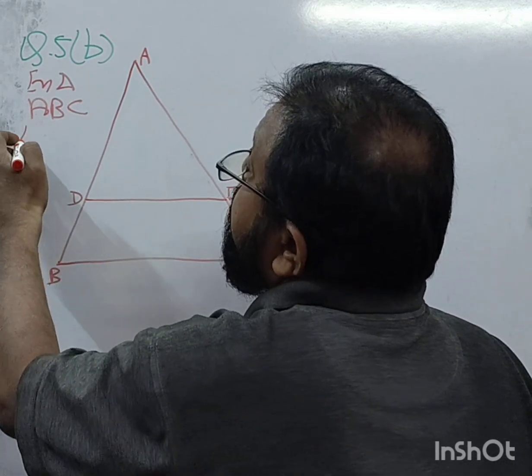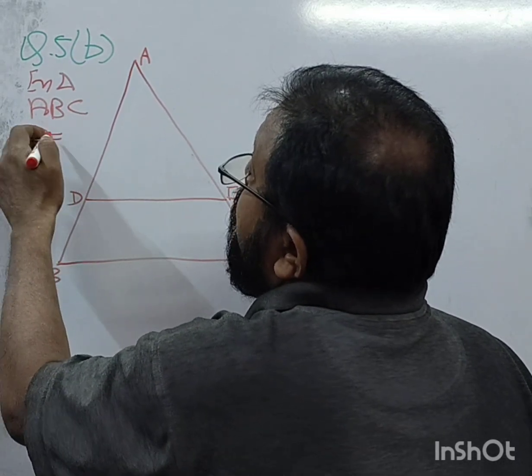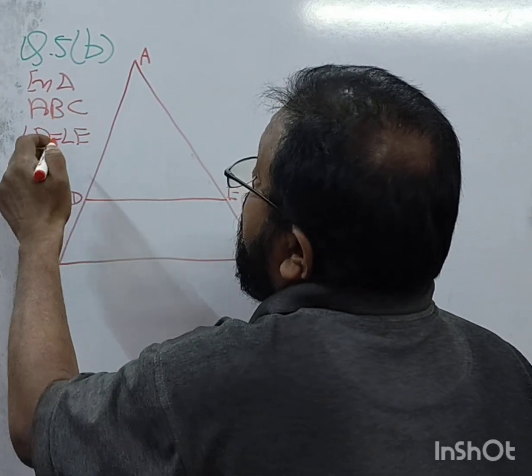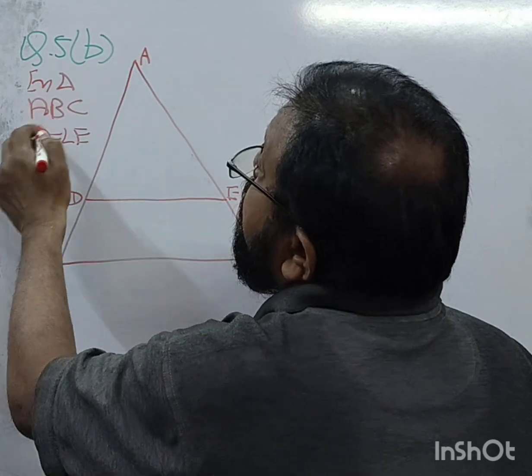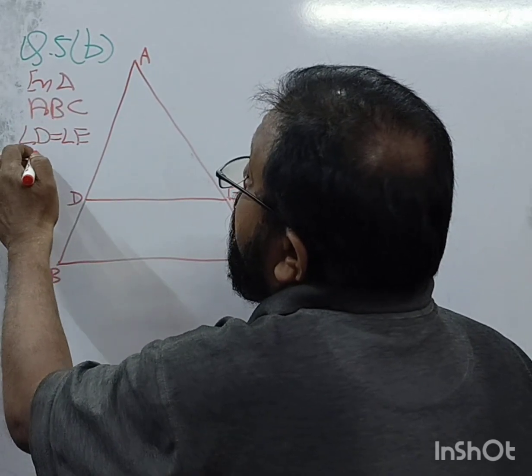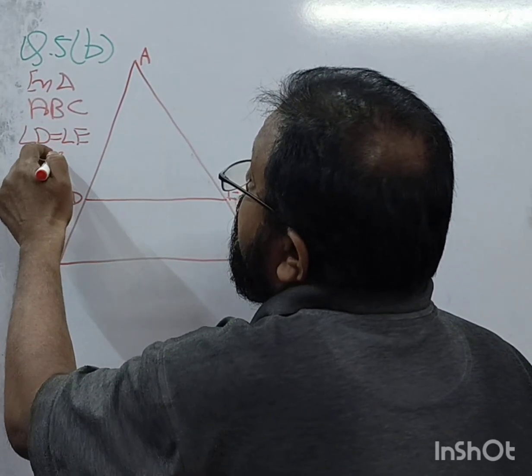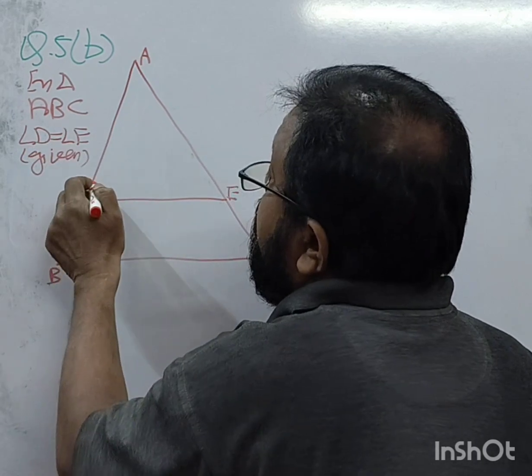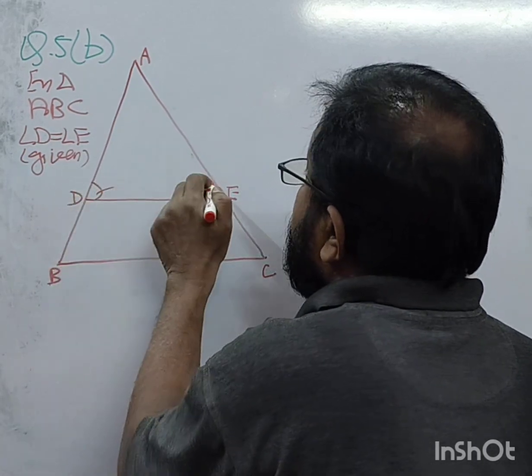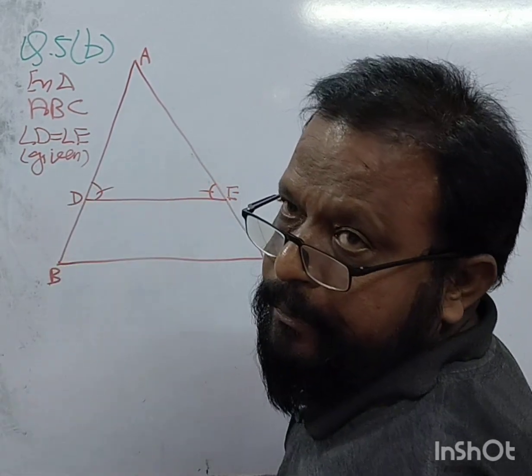Angle D is equal to angle E. In triangle ABC, angle D is equal to angle E given, this angle and this angle are equal.